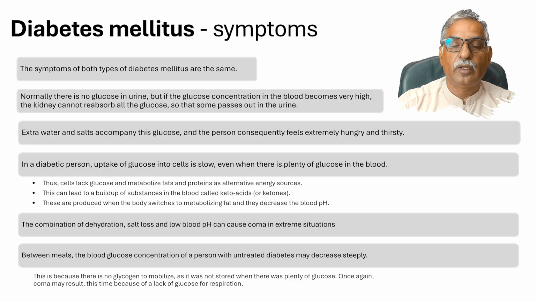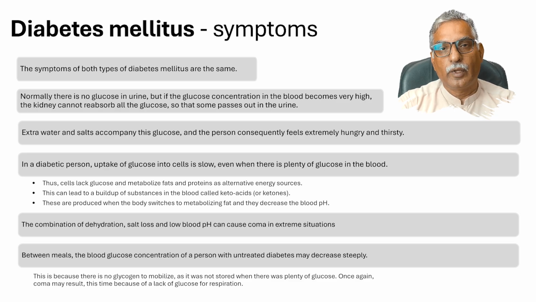This is the reason the urine contains large volumes of water as well as high concentrations of glucose and mineral ions. So as there is a shortage of water and mineral ions in the body, the body becomes dehydrated, and a person feels thirsty and needs to drink a lot of water in order to compensate for that.